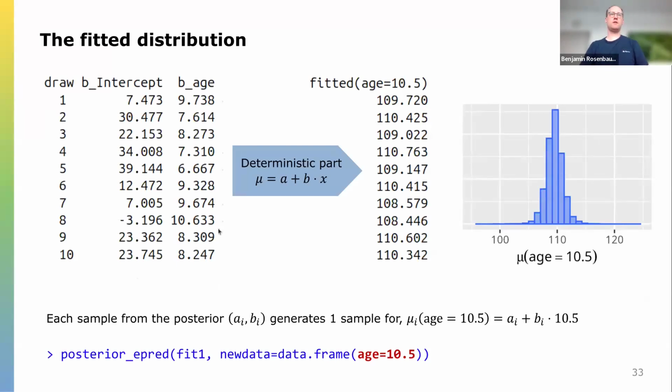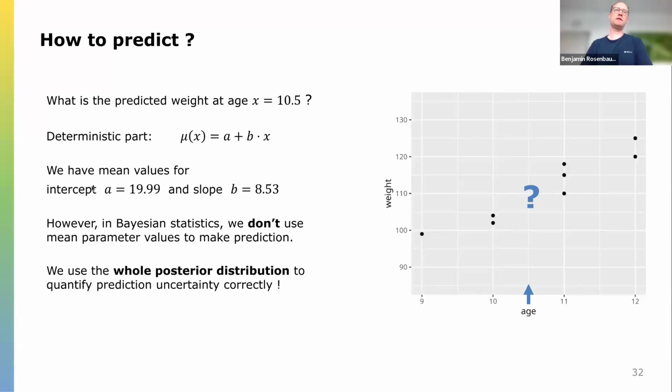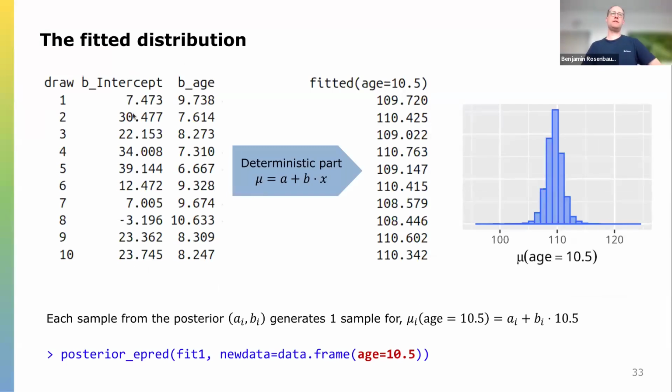So let's look at our posterior sample again. Right, so let's forget about the mean intercept and the mean slope for now. We have intercept in form of samples and also slope in form of samples. And this means for each row here, I can make a prediction. Let's say, okay, I want to predict at age equal 10.5.